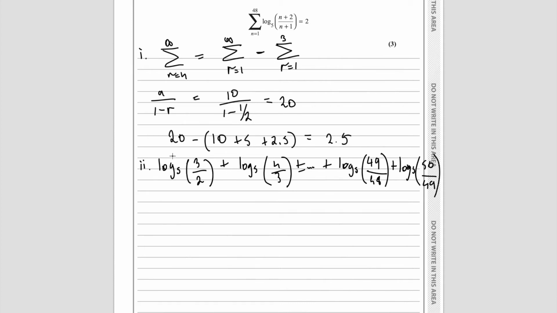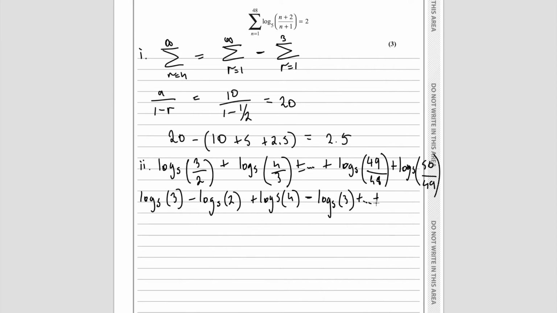We can see that we've got log base 5 of a number divided by a certain number, so we need to use our subtraction law in that place. So log with base 5, 3, and from that we're going to be subtracting log with base 5, 2, and then we're going to be adding log with base 5, 4, and then from that subtracting log with base 5, 3, and then I'm just going to be carrying on with the final 2.